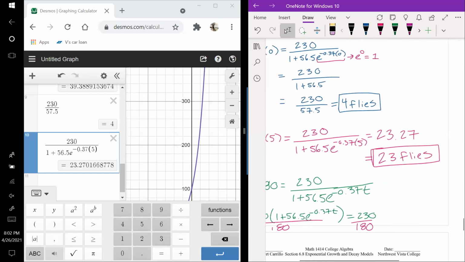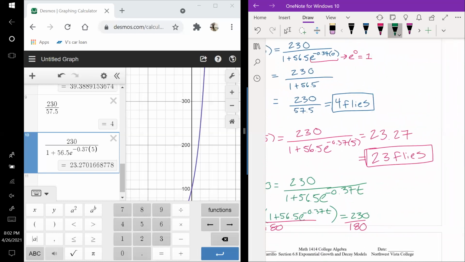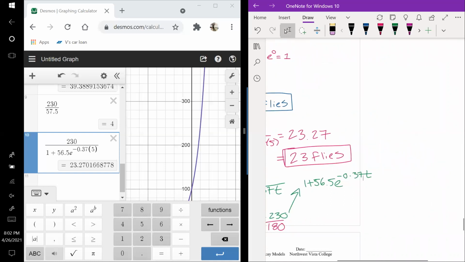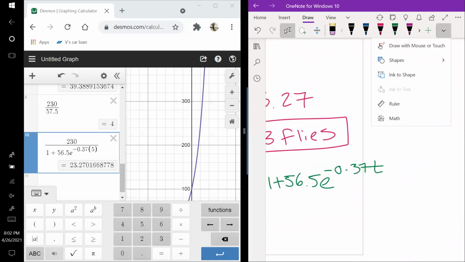Which means now we'll have 1 plus 56.5 e to the negative 0.37t equal to 230 over 180, or 23 over 18.